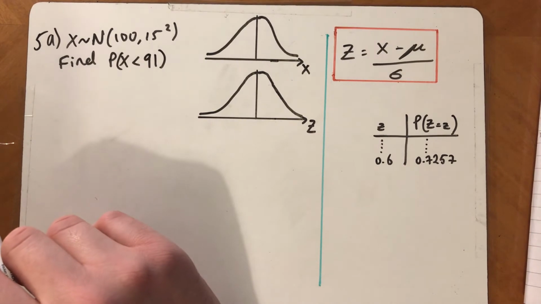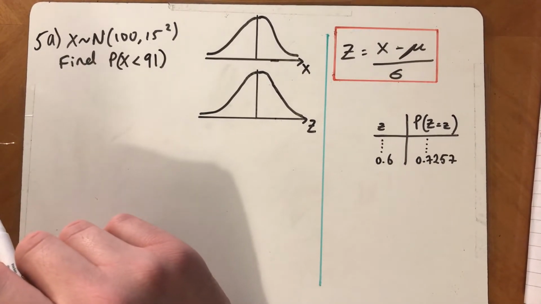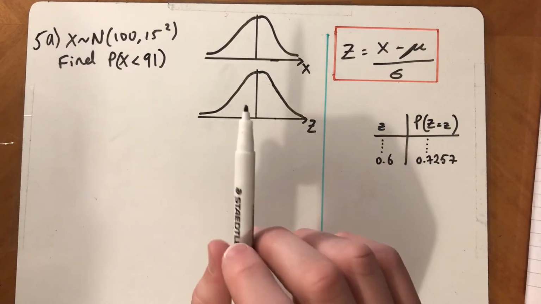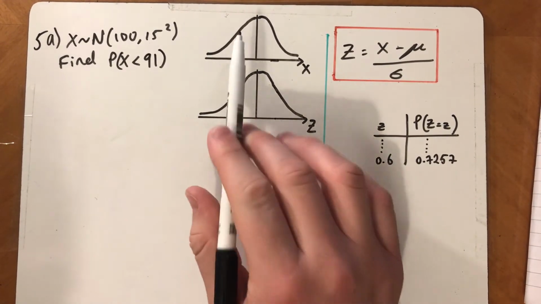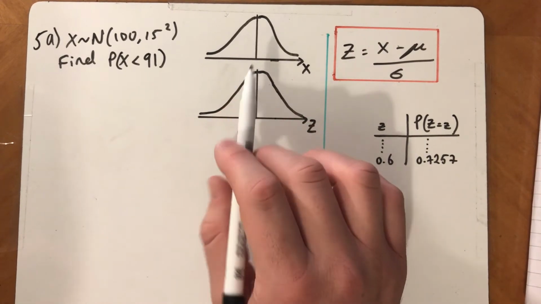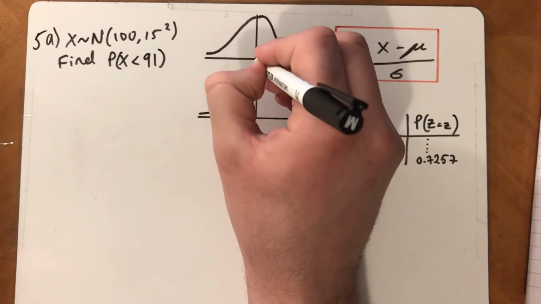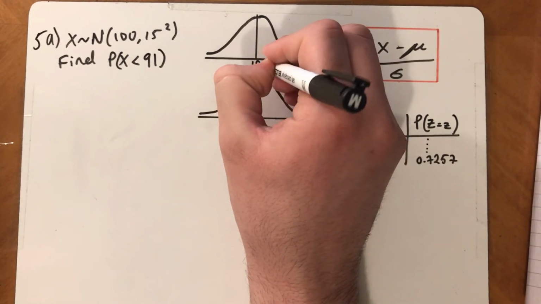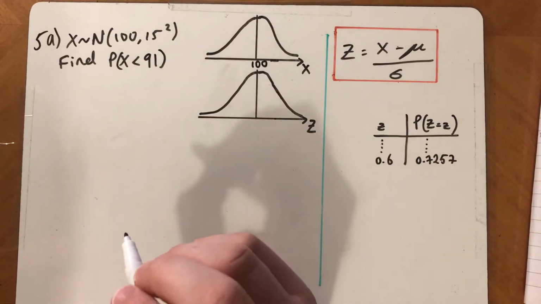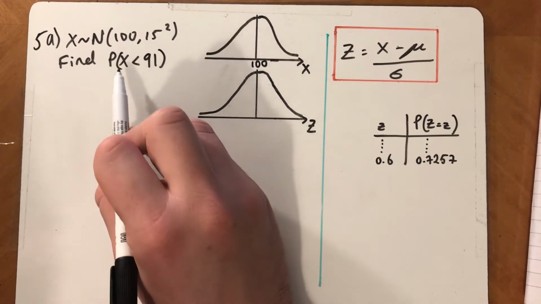I would really strongly recommend you draw a sketch for any of these questions. Like I have here, I've drawn two normal distribution curves. The first one is our normal distribution curve for IQ, so the mean is 100. They're asking us to find the probability that x is less than 91.